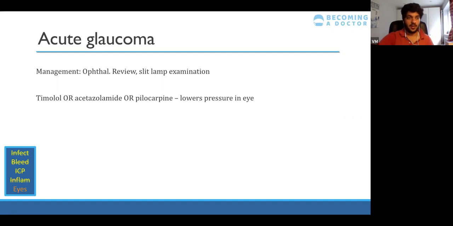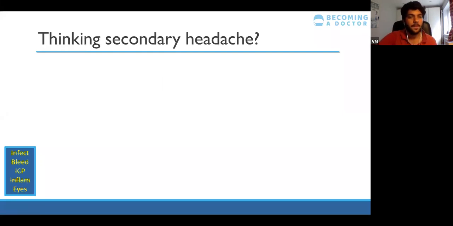That lowers pressure in the eye, and that's the acute management of glaucoma. You can prevent this by surgery, an iridotomy or iridectomy, which works on the iris, and that's the more long-term prophylaxis for acute angle closure glaucoma.